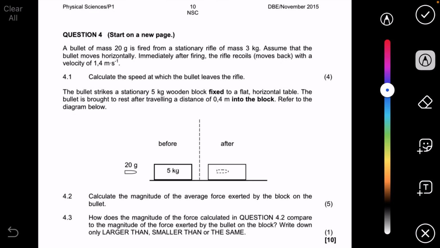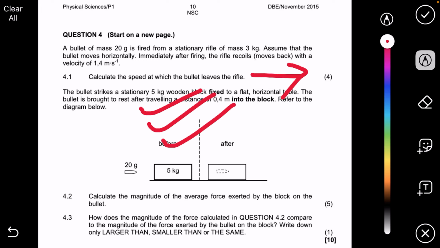Massively important, ladies and gentlemen. So guys, you are given 4 marks for answering that question correctly. Obviously, I'm thinking that for identifying the correct formula, you might get a mark. You might also score 2 marks for correct substitution, and a mark for your final answer.